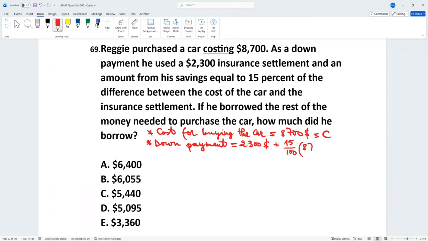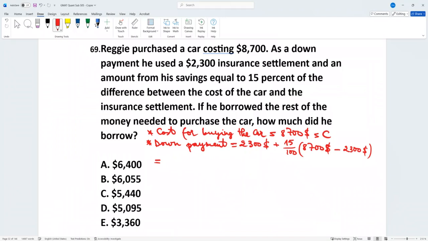which is $8,700, minus the insurance settlement, which is $2,300, like this.